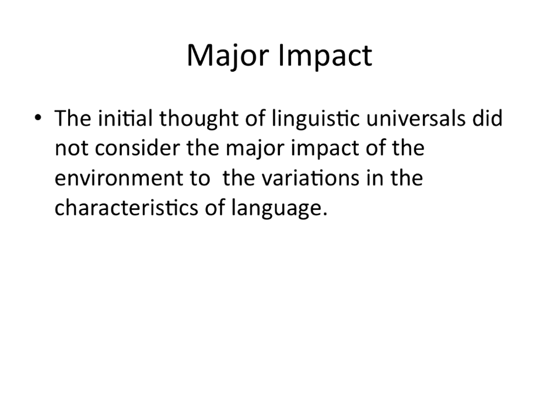So what is the major impact of these people disproving or at least rejecting the idea that there are universals? The initial thought of linguistic universals did not consider the environment that the child is raised in.